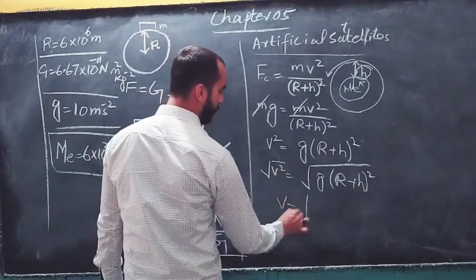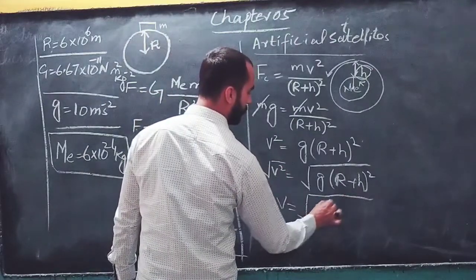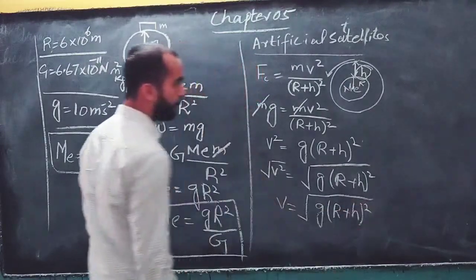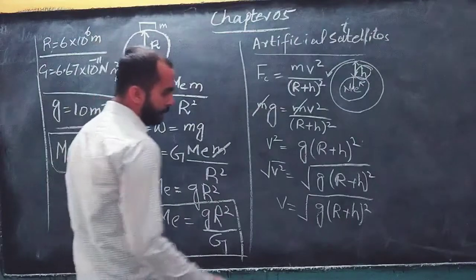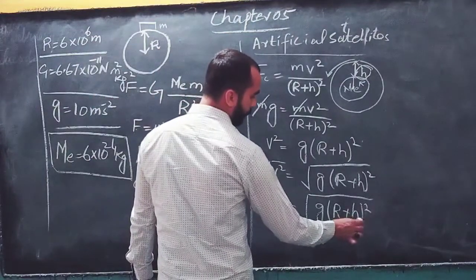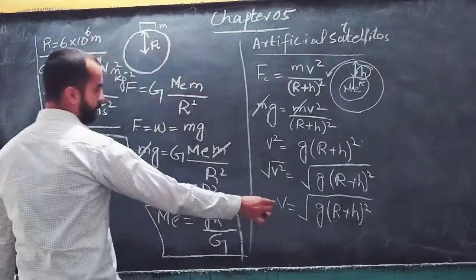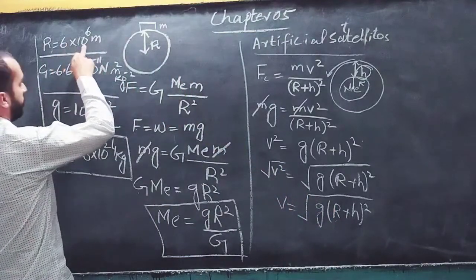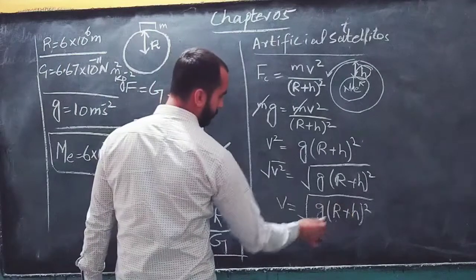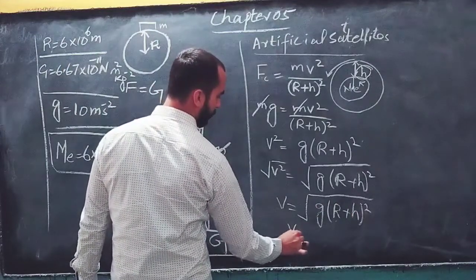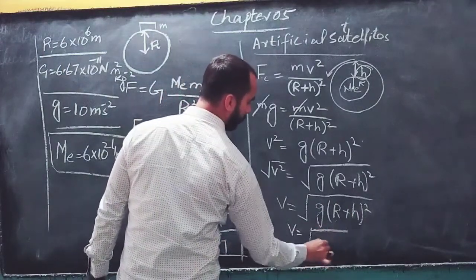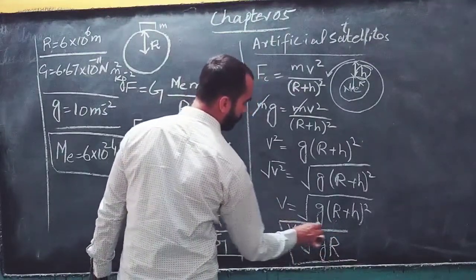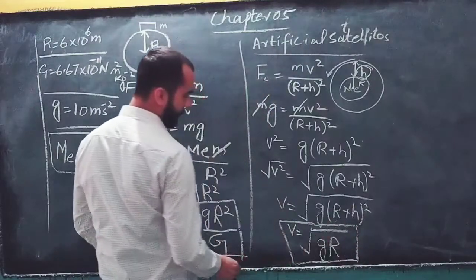As we can say there will be no comparison between the value of h and r, because r, the radius of Earth, has a very major value of about 6 into 10 to the power 6, we can neglect h and write v is equal to under root g into r.